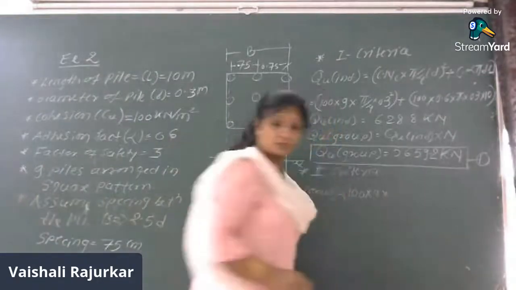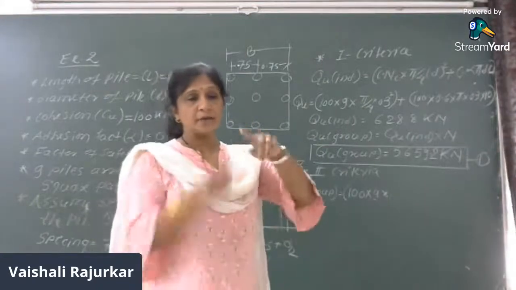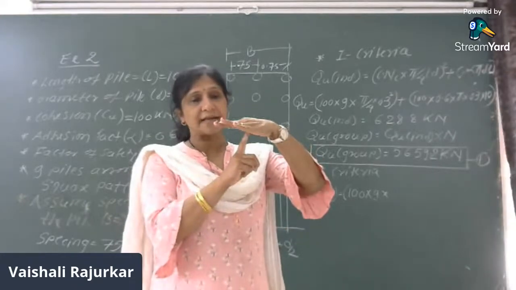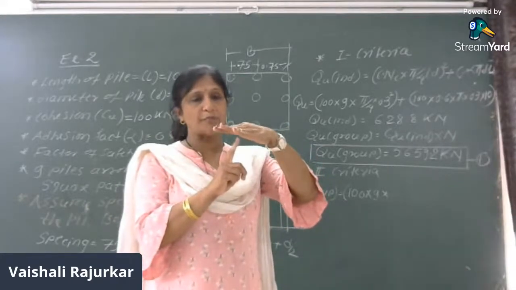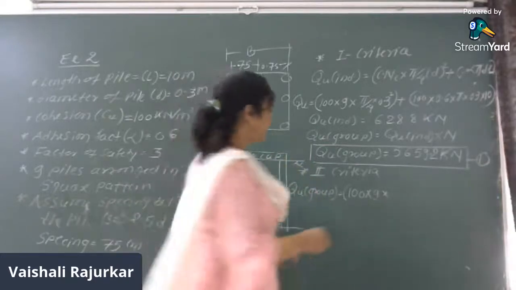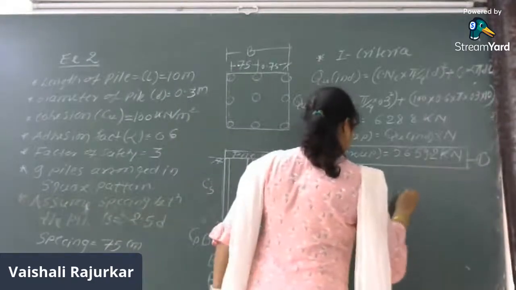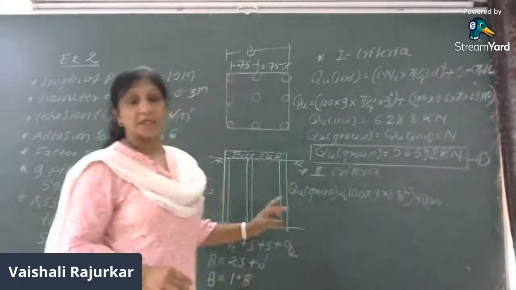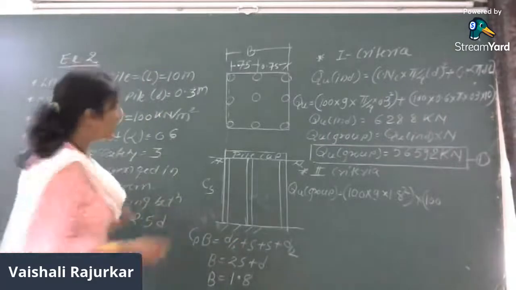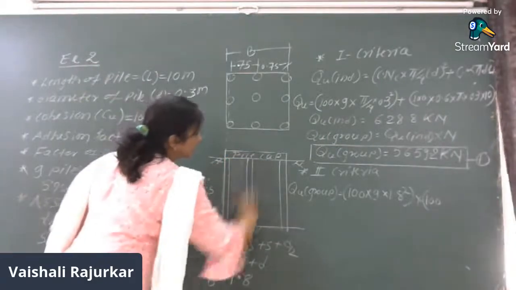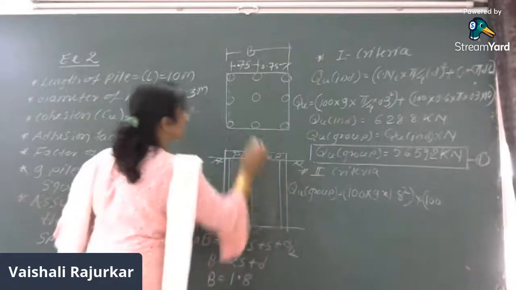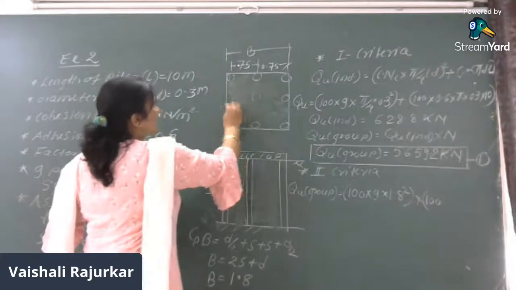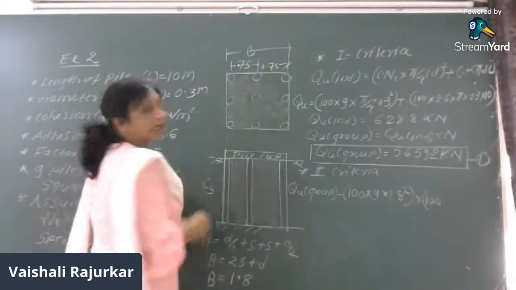We are assuming that the whole group is completely a square group, and the load, that is the tip resistance, is acting at the bottom, and the area at the bottom of the pile group is B square. Therefore, we will consider B square then into 100. When we are talking about the group, this whole group is considered to be a single member or a single pile of dimension B by B. In such cases, we will never consider alpha.